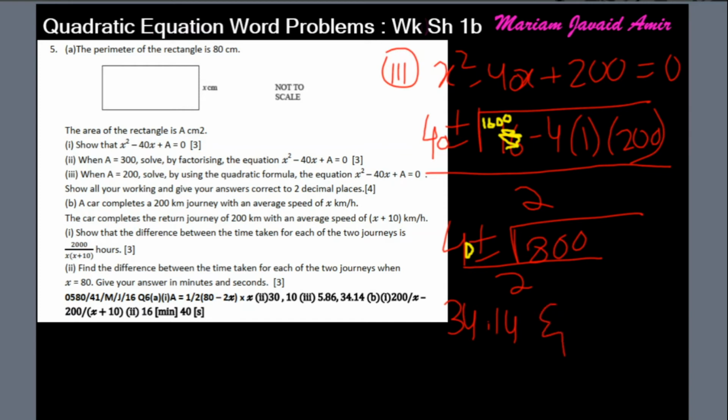And with the negative sign, 40 minus the square root of 800 divided by 2 gives us 5.86, rounded off to 2 decimal places.